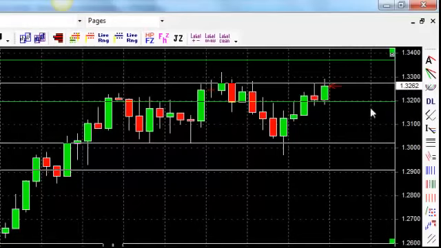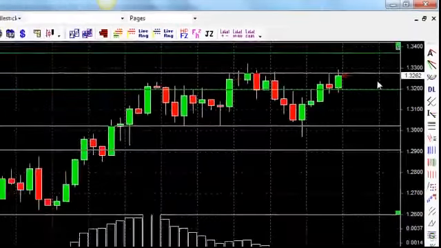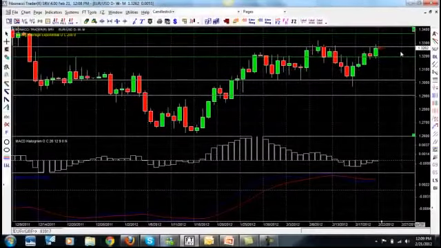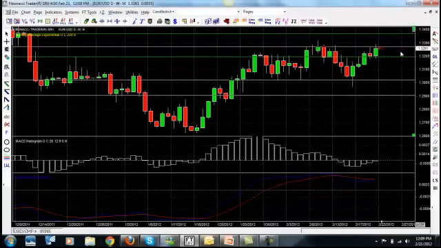As economic factors happen in each country, in this case the euro against the US dollar, whether it's news releases on current economic conditions in the US or in the euro, that would cause the value of one of our currency pairs to strengthen against the other, and these currency pairs move up and down.